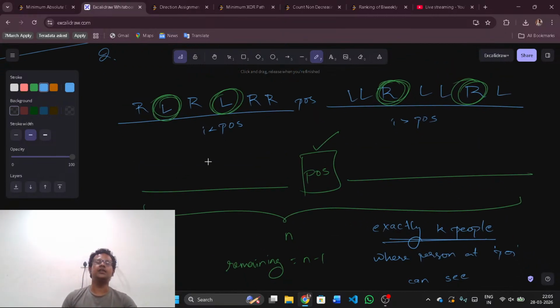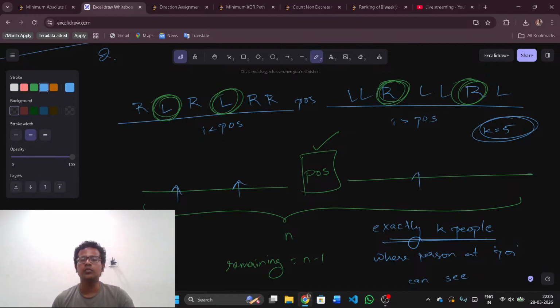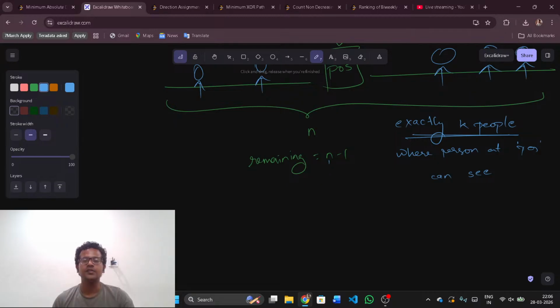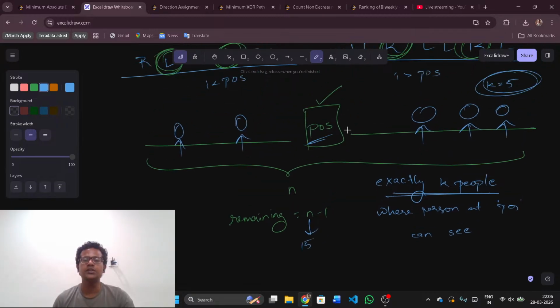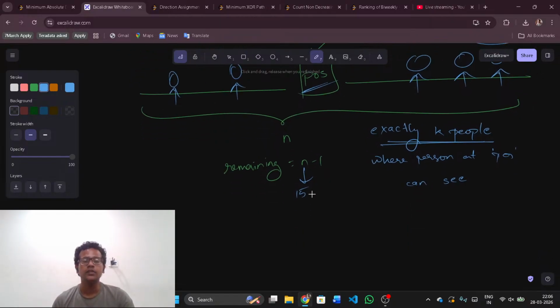So let us see now. I can choose a position here. Let's take k is equal to 5, for example. I can choose a position here, here, here, and then here. So 1, 2, 3, 4, 5. But what if n is something like 15? And from that, position is already gone. So 15 minus 1 is 14.